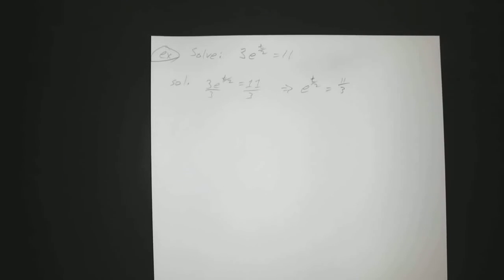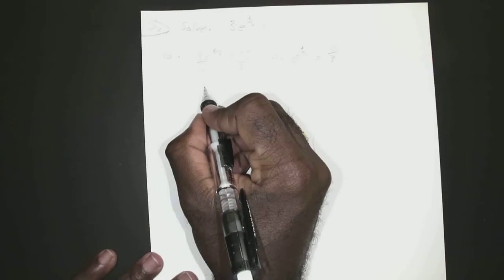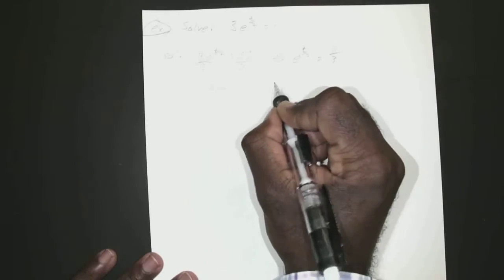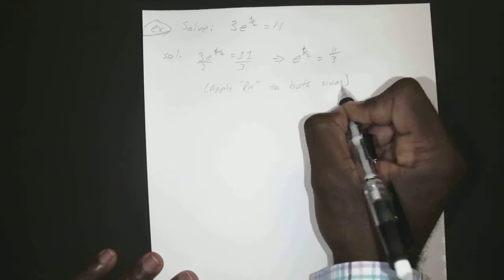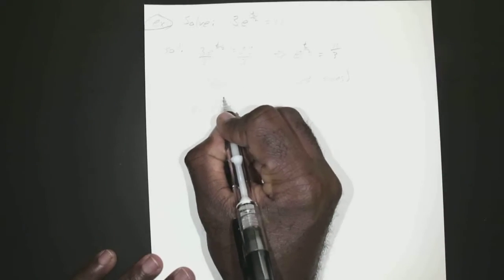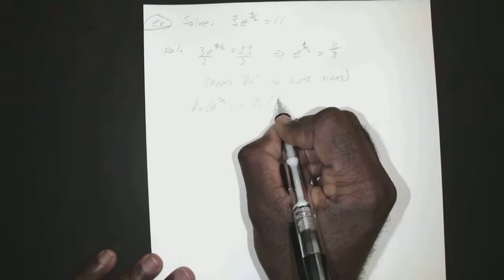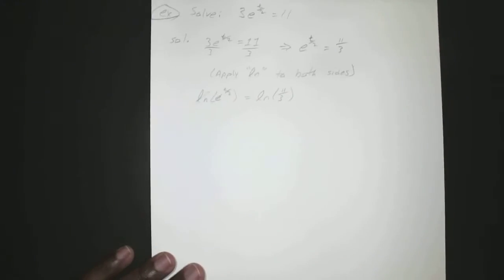Once again, we just apply natural log to both sides. That gives us the natural log of e to the power of t over 2 equals the natural log of 11 over 3. We know the natural log and the e cancel each other out.